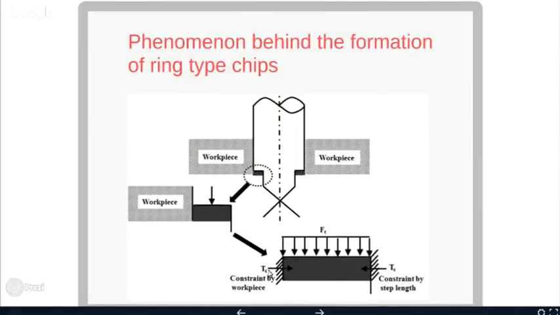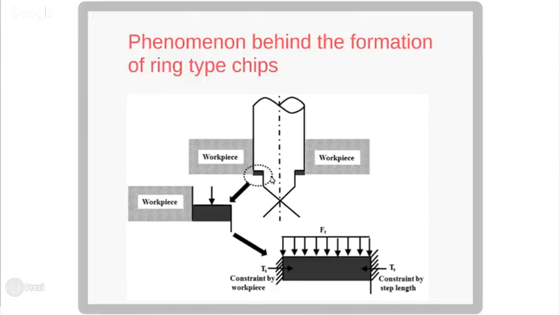Please check this slide. These are the thermal stresses. TS represents the thermal stresses. They are acting on the material on this side, right? Now, because of these thermal stresses, the material is completely constrained, right? The forces are acting in this way, and it is completely constrained. That's why the burr ring type of chip formation is there. Right?